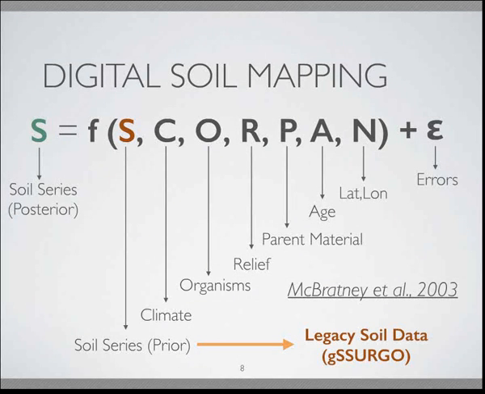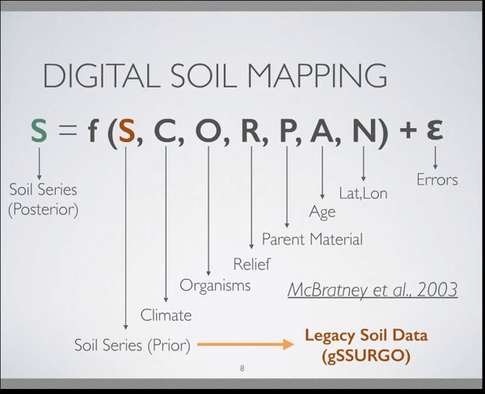The background of this is in digital soil mapping. This is actually from a paper that Professor McBratney put out in 2003, where you relate the soil series, for example, at each raster grid cell, to a bunch of other covariates. And those covariates can include legacy soil data, which in our case is gridded SSURGO. But it can also include covariates that you think are playing a role in the spatial position of your soil component.